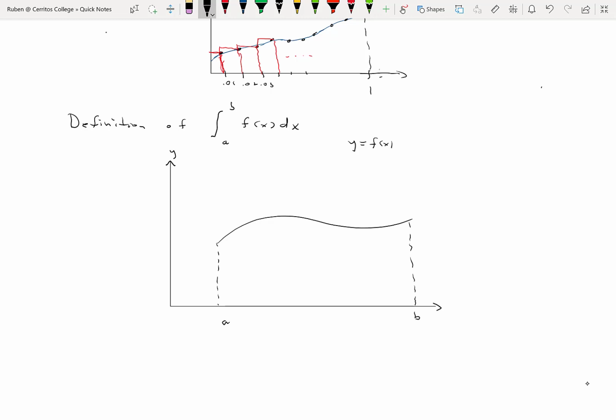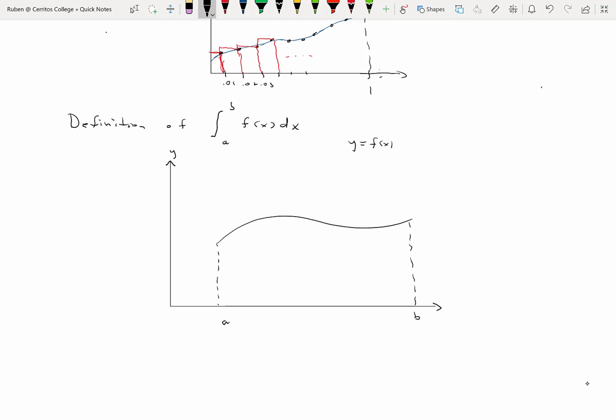Okay, so what we did to define the definite integral in Calc 1 is that we imagine the interval from a to b divided up into n subintervals of equal length delta x.